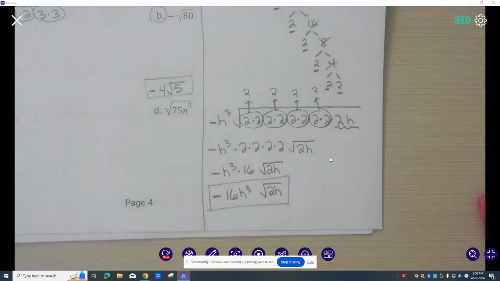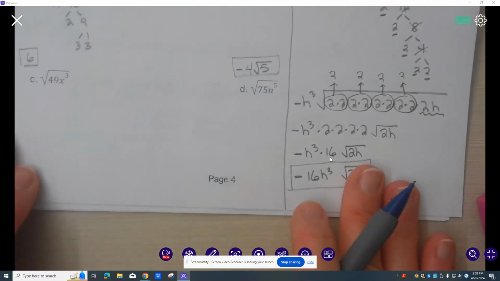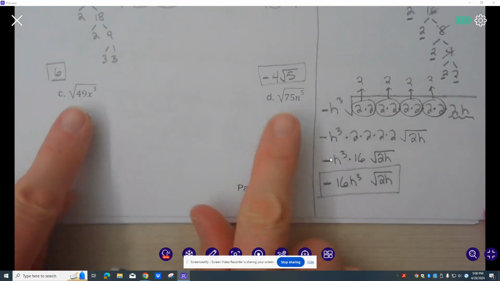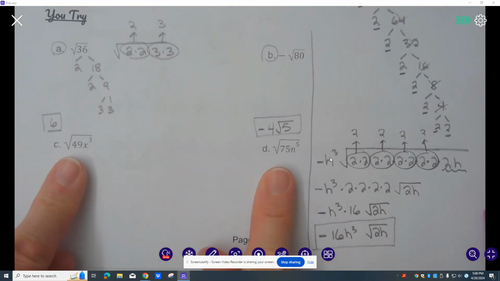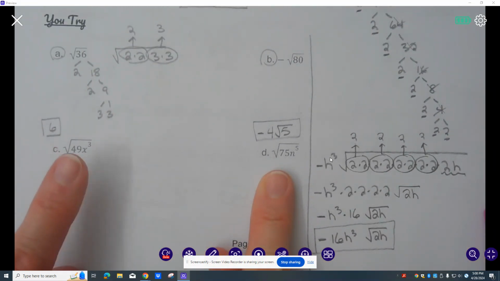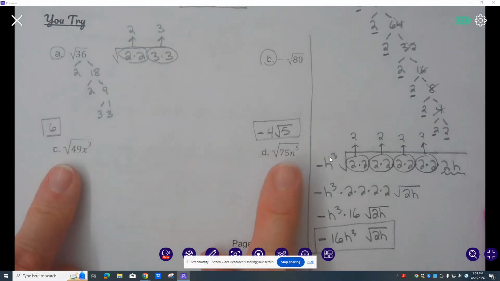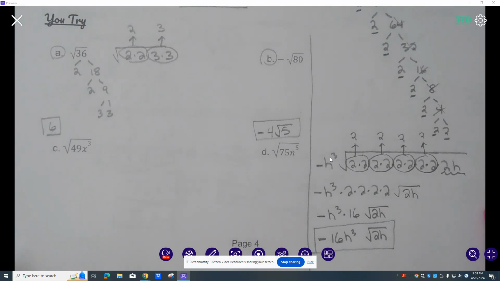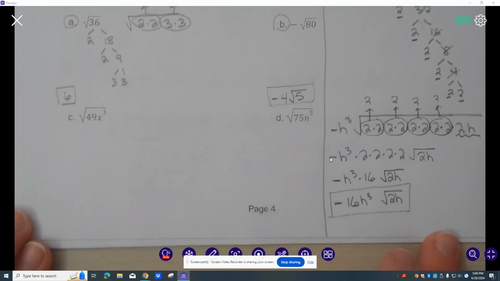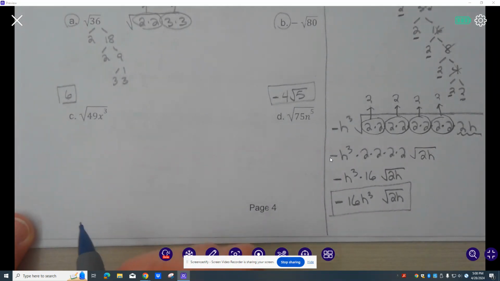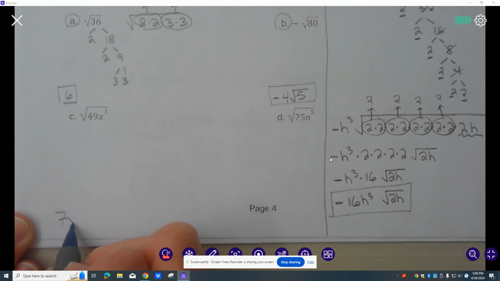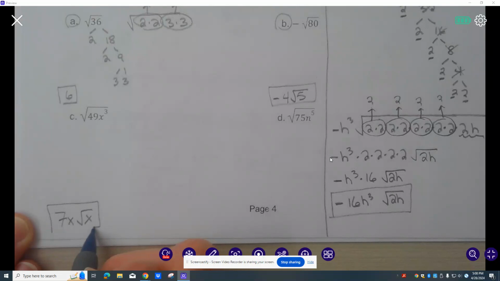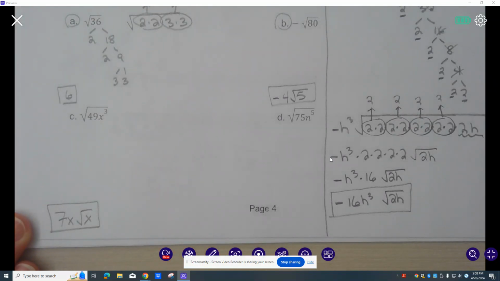Okay, that's example 3. So now what I would like you to try is right on the same page, finish this your turn. Try C and D. So pause the video and try C and D. So for C, you should have gotten 7x times the square root of x.